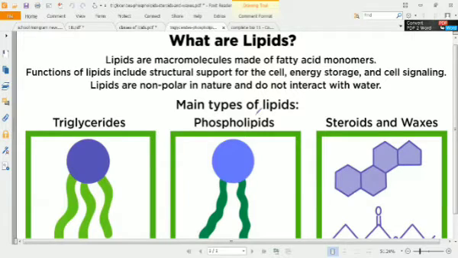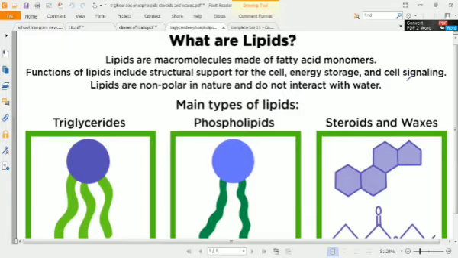Okay, if you see this one, what are lipids? Just take a review of the previous lecture: lipids are macromolecules. They are made up of fatty acids, and their function is to have a structural and supportive role for the cell, as well as energy storage and cell signaling, like cholesterol.